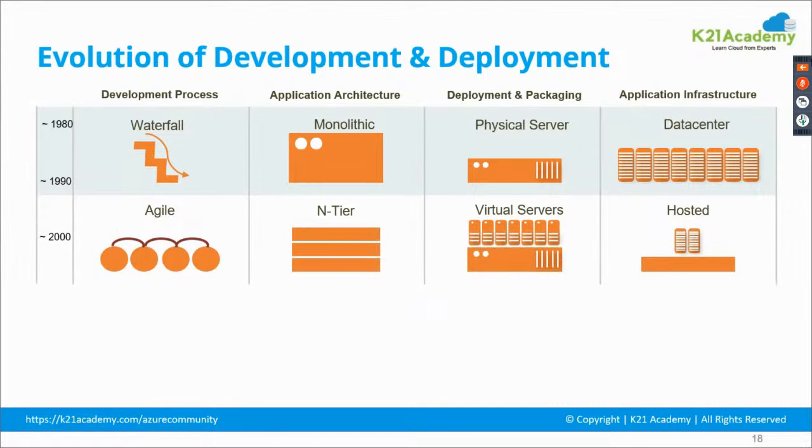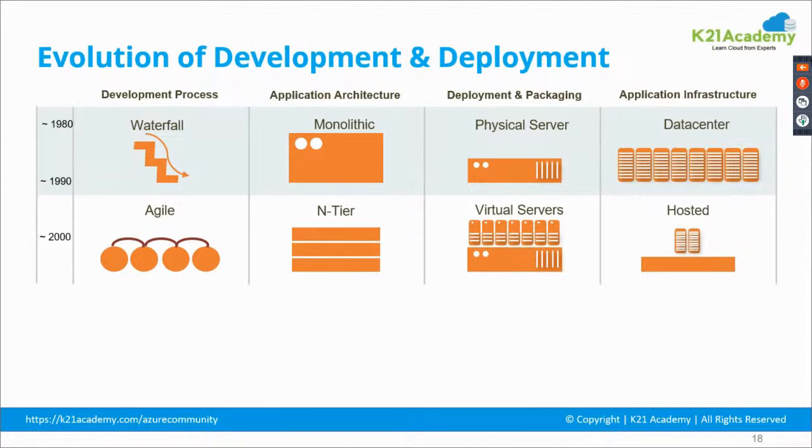Then came the 2000s, and that's when I started my journey, where development slowly started using the agile method, where you develop a little bit, make it live, and the development cycle shortened a little, maybe 1 or 2 years instead of 3, 4 years. My application used to be 3-tier: a database tier, an application tier, and a web tier.